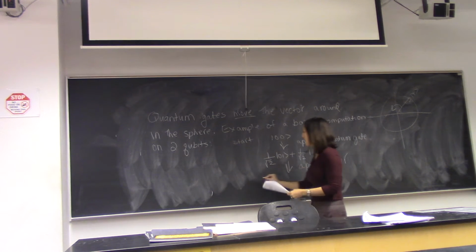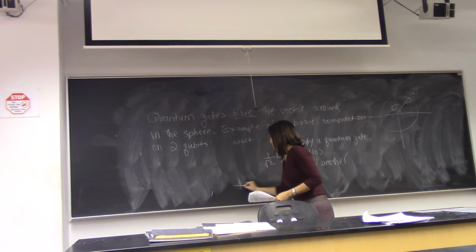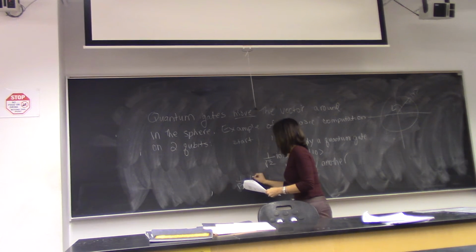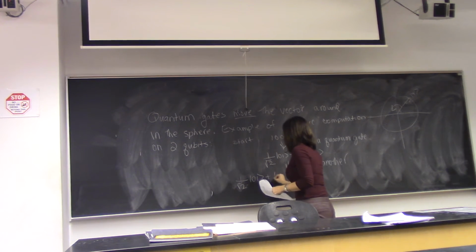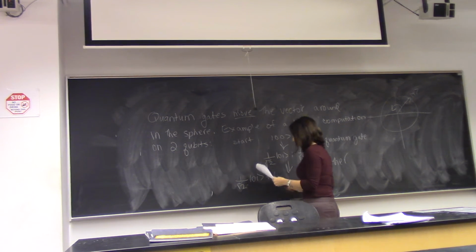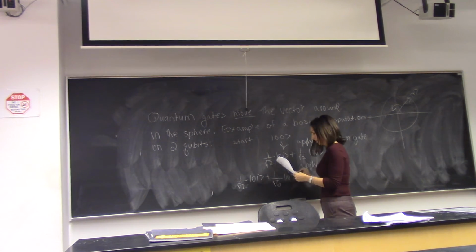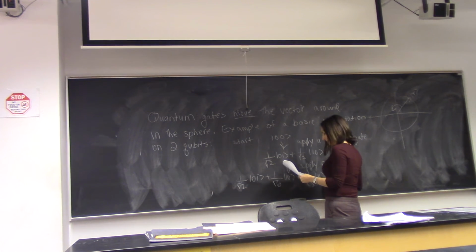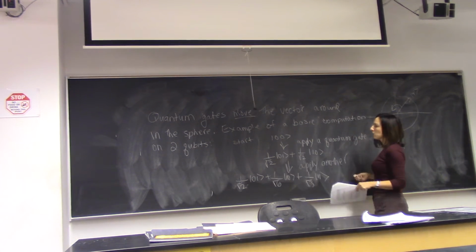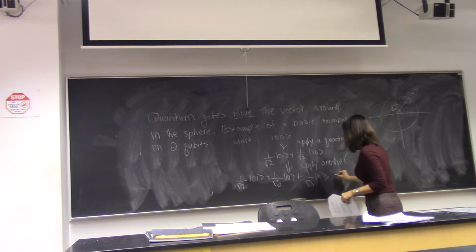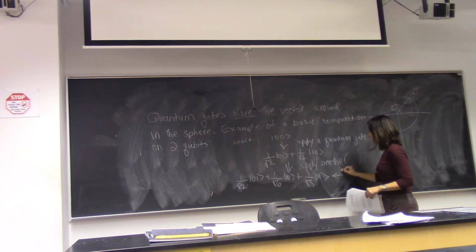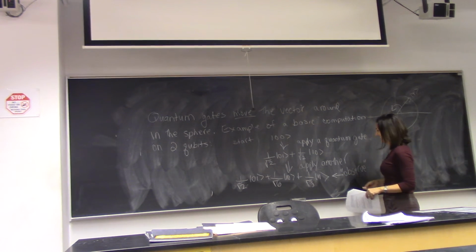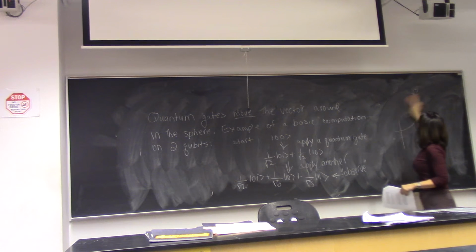And suppose here we end up with this. 1 over... Okay, and now you observe. Here at this point, you observe. Now we're looking at the cat. Is it dead? Is it alive? What happened?